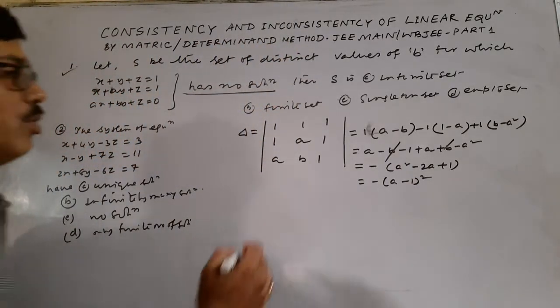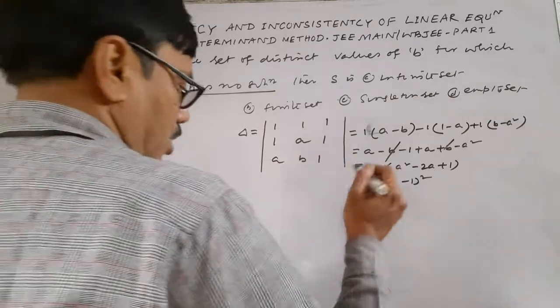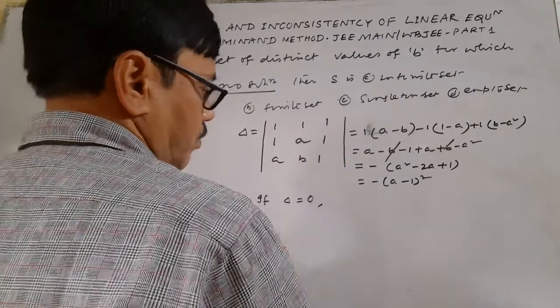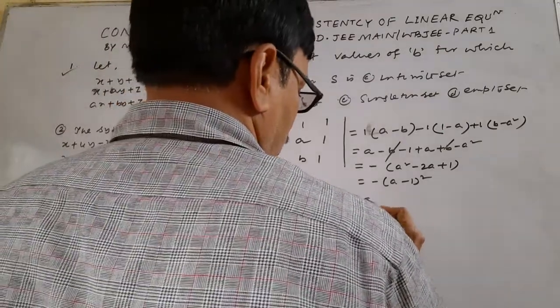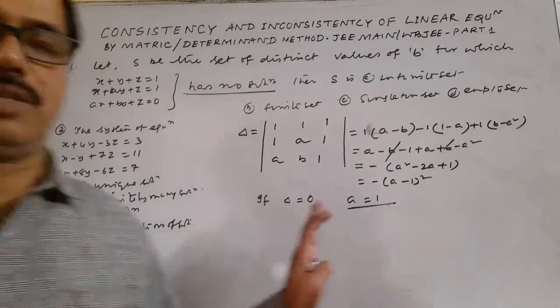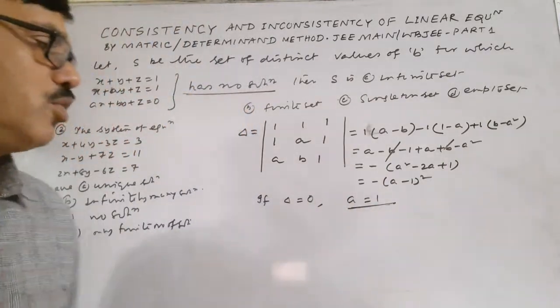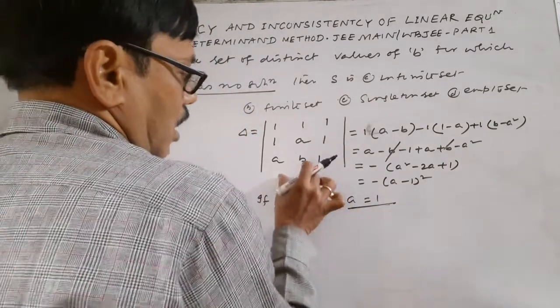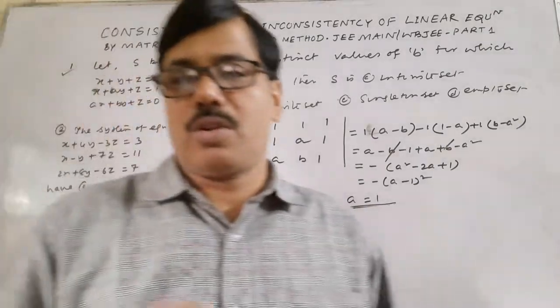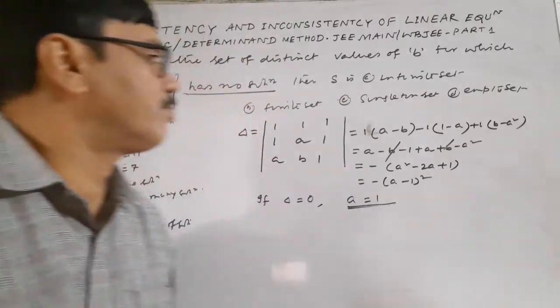So the necessary condition is that delta equals 0. If delta equals 0, then A equals 1. So if A equals 1, then there are two possibilities: infinitely many solutions or no solution.